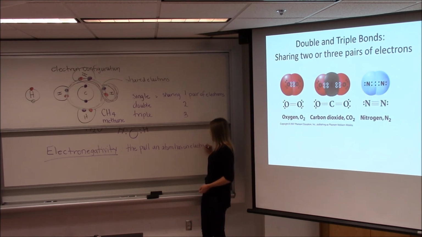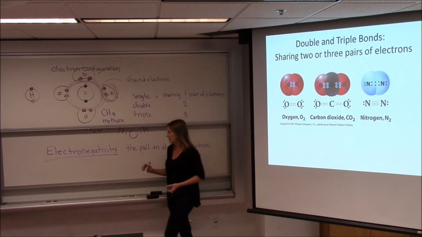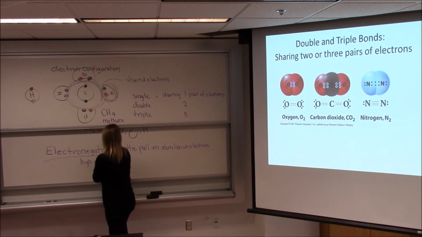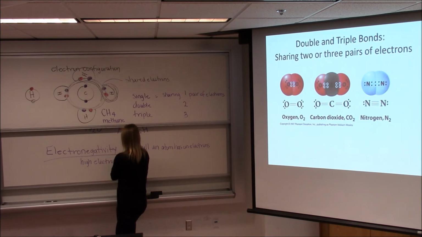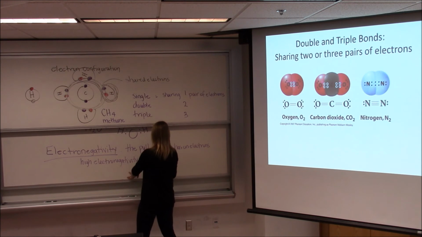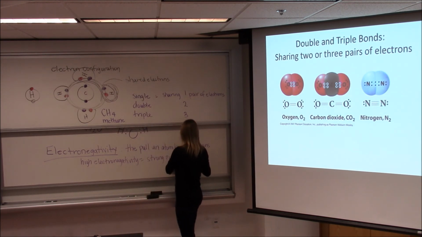If you have a high electronegativity, it means you have a strong pull on electrons. So high electronegativity equals strong pull on electrons.